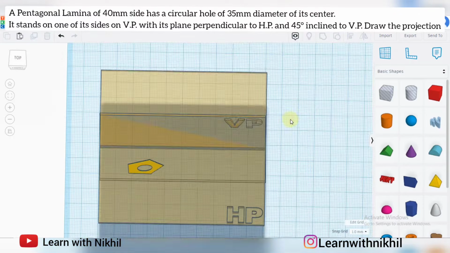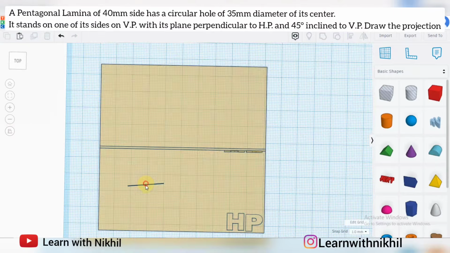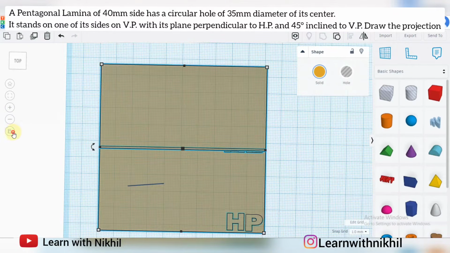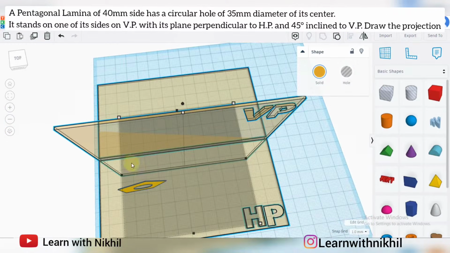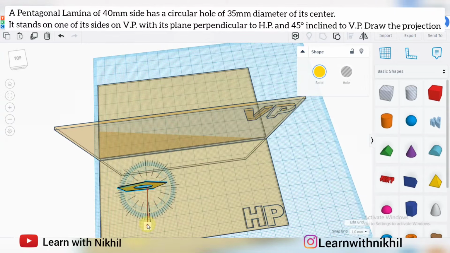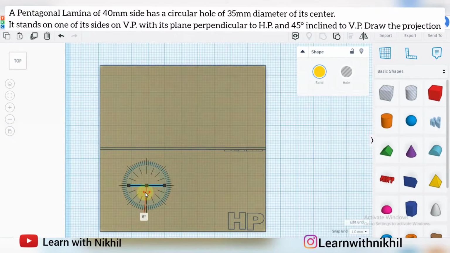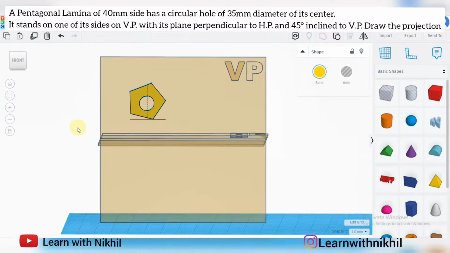And if I tilt this to the horizontal plane, it will be a straight line. Now as it's a bit tilted, it is not looking exactly straight. I'll just make it straight. So this is the top view, a straight line, and the front view will be a pentagon with the circle in between. So this is the true shape of it.